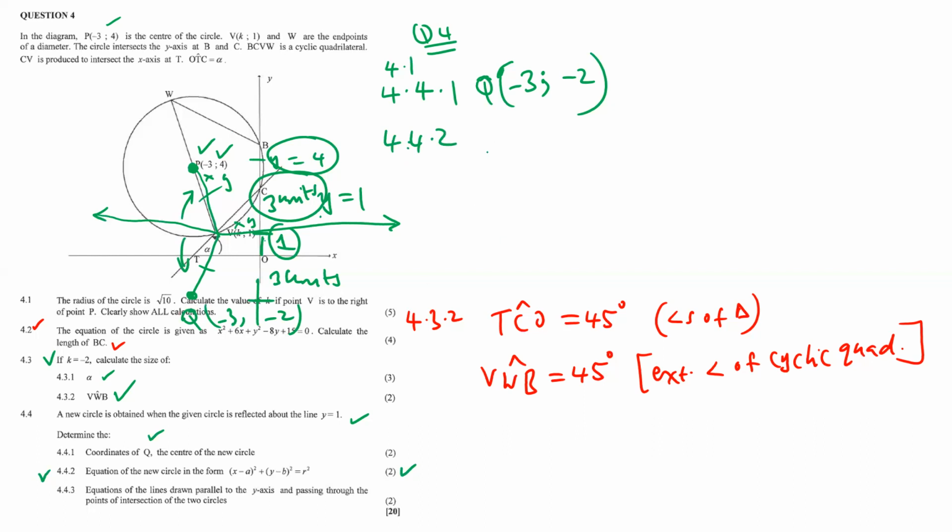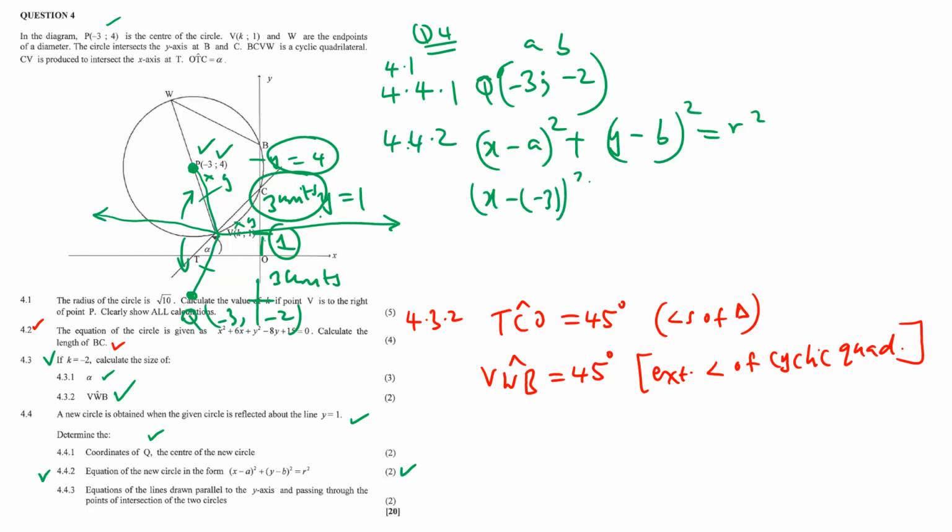The formula for a circle, you can write it as (x minus a) squared plus (y minus b) squared equals r squared. It's there at the back of the matric paper. You can see this one as your a and b. So this is (x minus -3) squared, and then y, the b is -2, and you square these. It is equal to r squared.